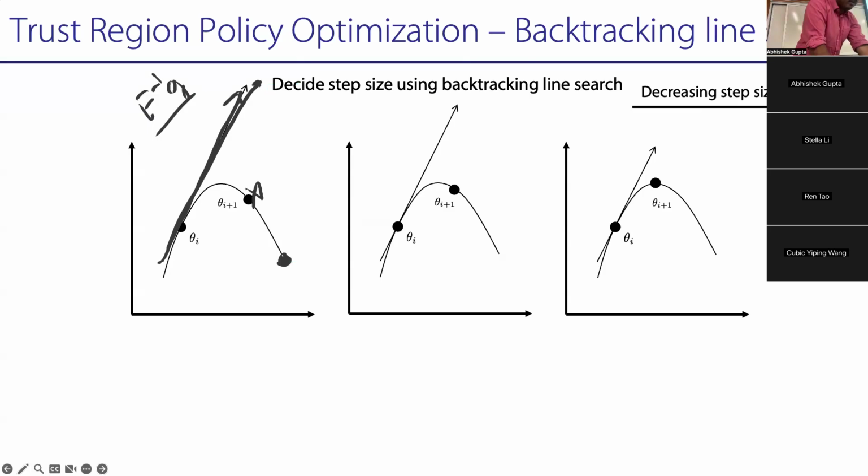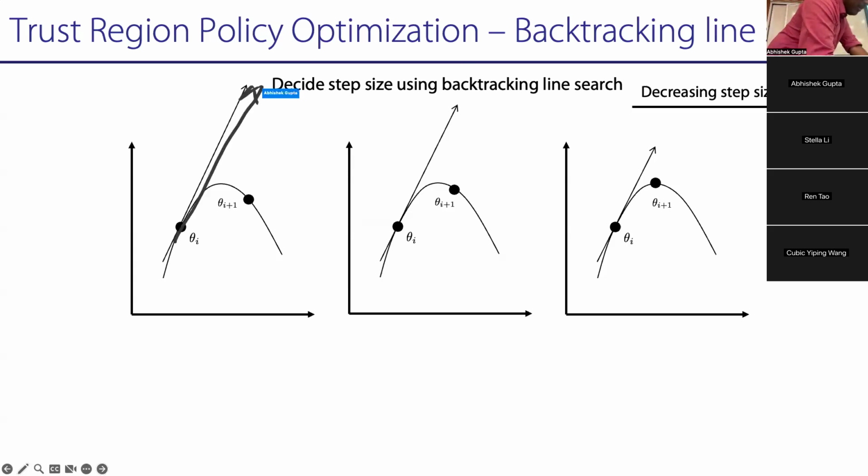And so the idea behind this thing called backtracking line search is literally to backtrack. So it's to start from a large value of your step size and then keep reducing it until it satisfies some sort of threshold, right? You start with something that's big, and maybe it makes your value worse. And then you keep reducing it until it makes your value better.